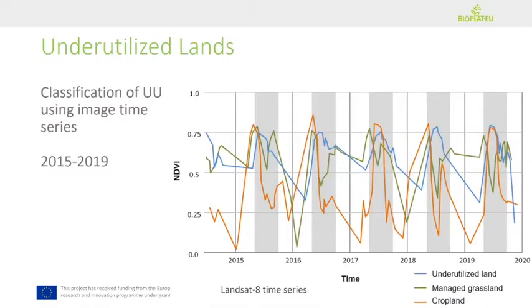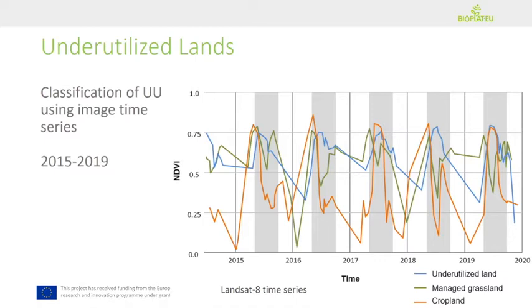Okay, now how do we really classify this underutilized land? This graph shows on the x-axis the time as it goes by, and on the y-axis an index. This is something you can imagine as the color from a photo taken from the satellite, so the reflectance.